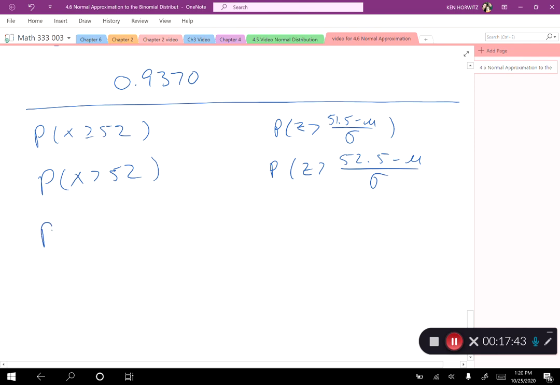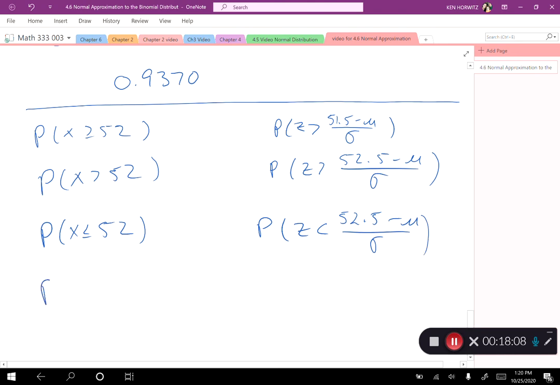So then if I wanted the probability that x was less than or equal to 52, I use the probability that z was less than 52.5 minus mu all over our standard deviation.